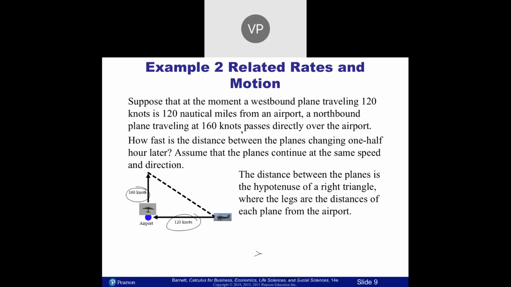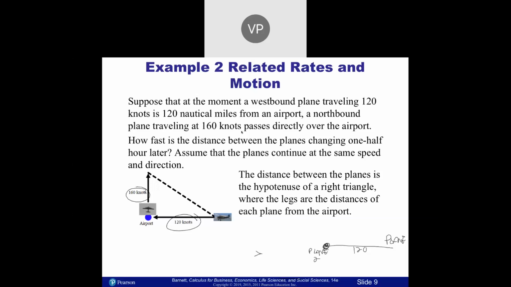But what's happening to start is you have a plane over here. This is plane number 1, which is 120 miles from the airport. The example's kind of weak because it has the same speed and distance, but this is how far it is, while there's another plane right above the airport.